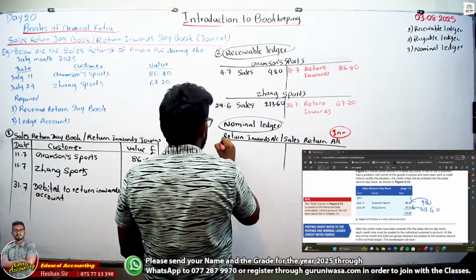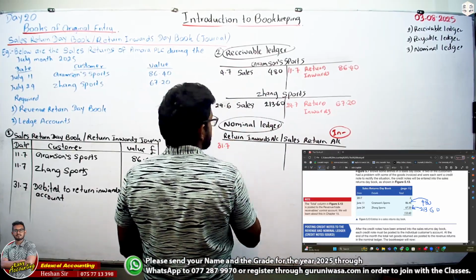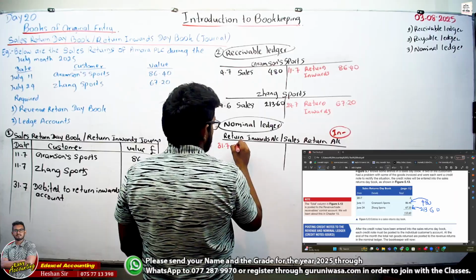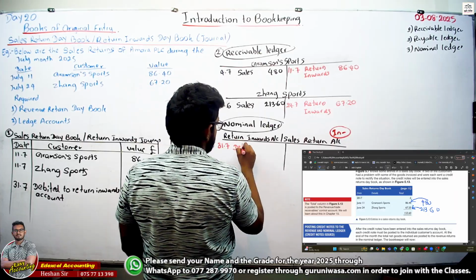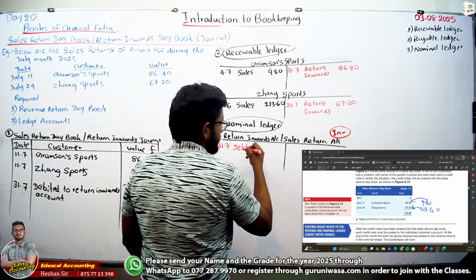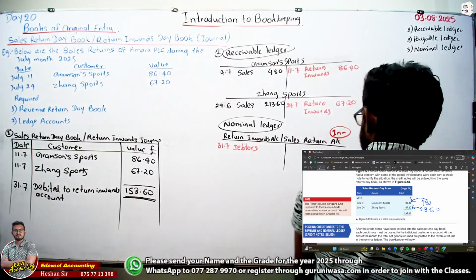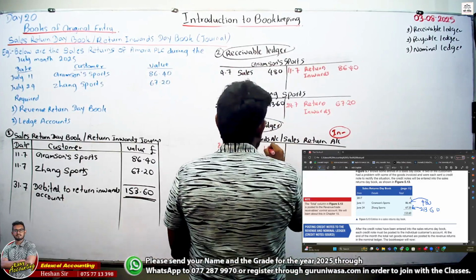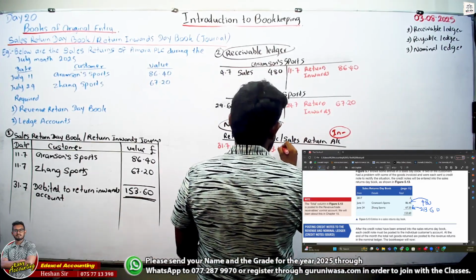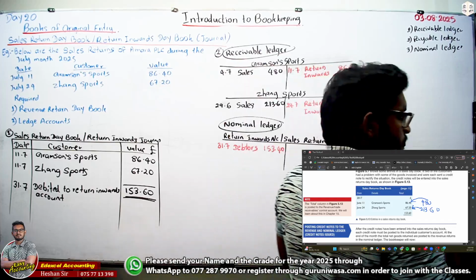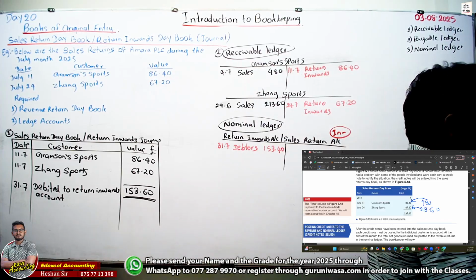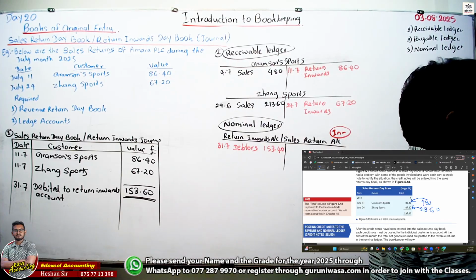Then month ended 31st of July, you can write debtors. Here you can see the total is 153.46, right? How we recorded, right?